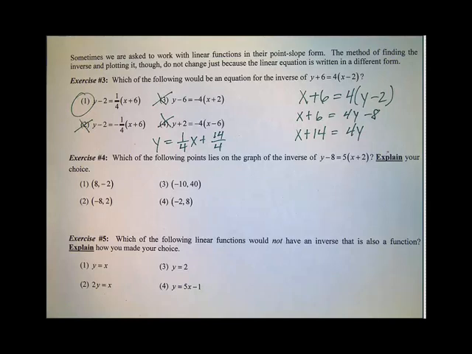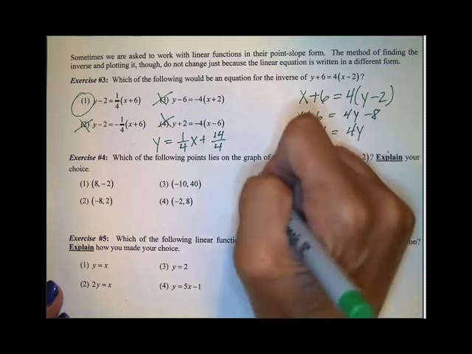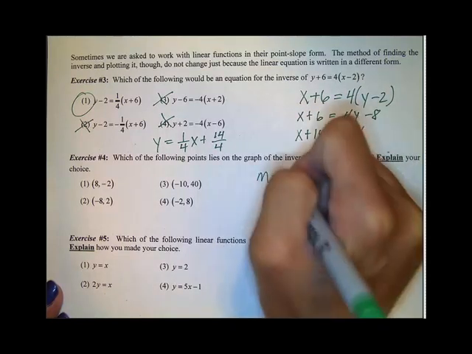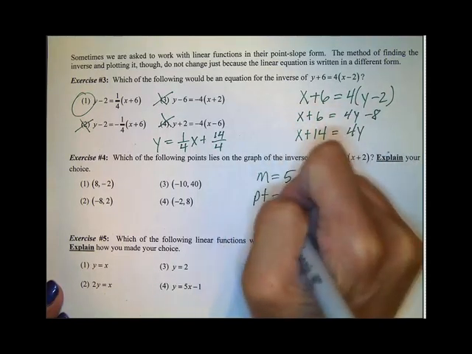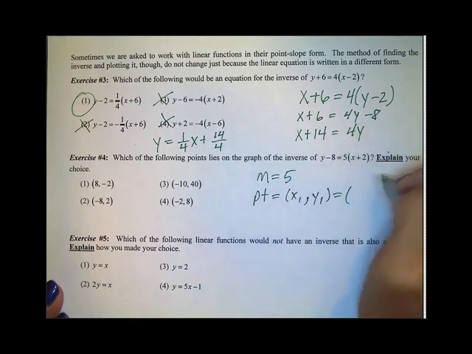Exercise 4. Which of the following points lies on the graph of the inverse of y minus 8 equals 5 times x plus 2. Explain your choice. Because this is in point-slope form, we know that the slope is 5 and the point, which is x1, y1, is here.